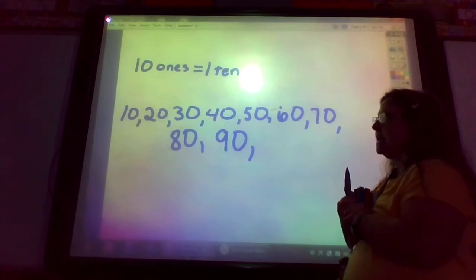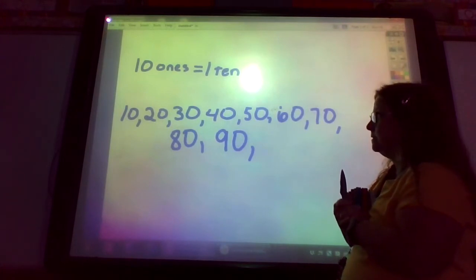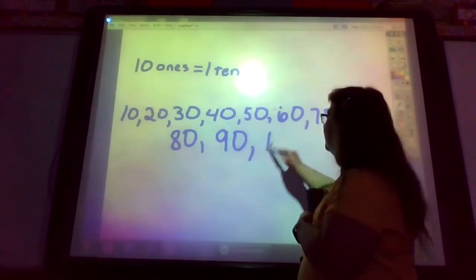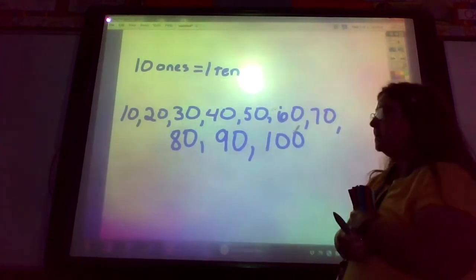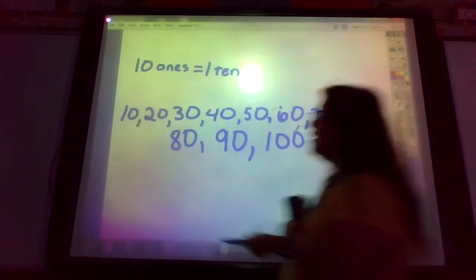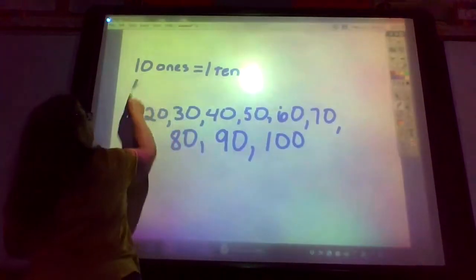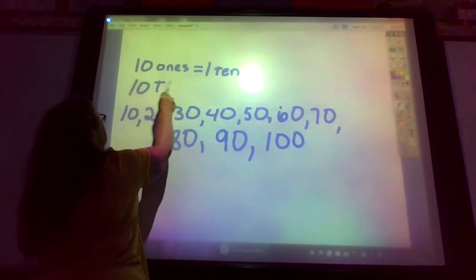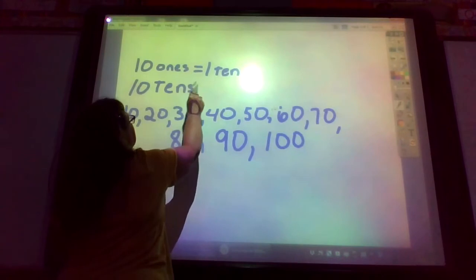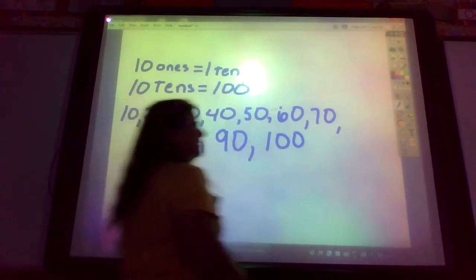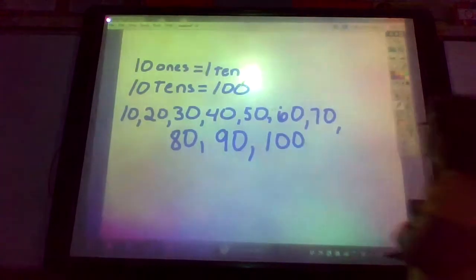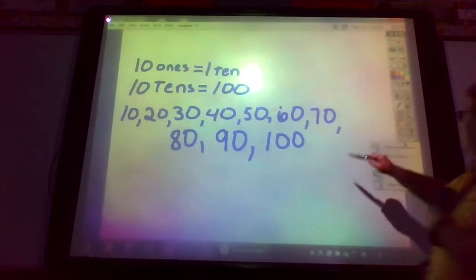Okay? They have a 10 and a 1 in a tens place. Once I add that 10th bundle of 10, I get that 100. So, 10 tens equals 100. 10 tens equals 100.